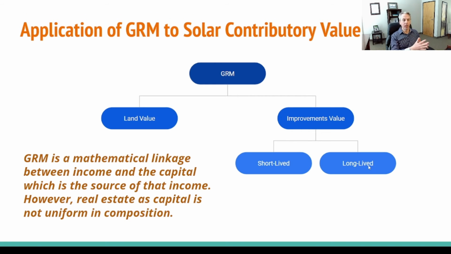I mentioned last time that there's just, I would think, a relatively uniform or universal observation about newer homes having a higher GRM than older homes, and that's because that difference in depreciation is flowing up to the GRM number. So that is what needs to be considered whenever you are looking to apply a GRM number to solar.